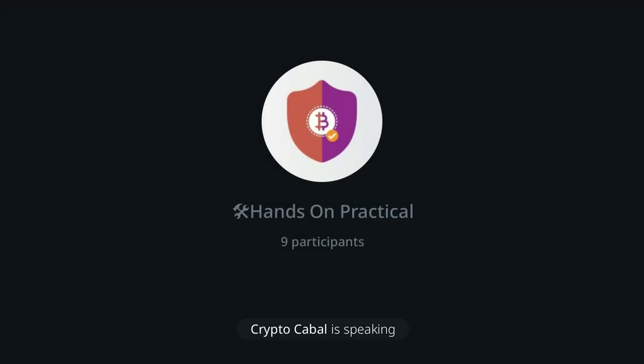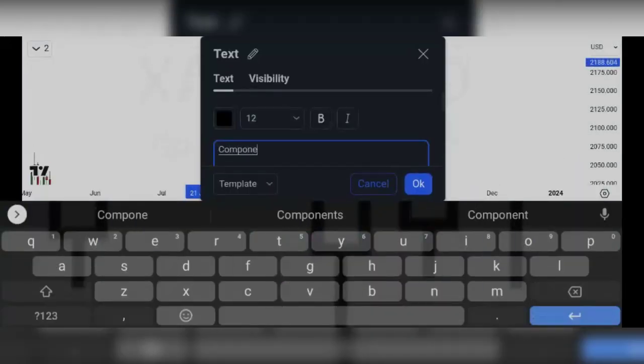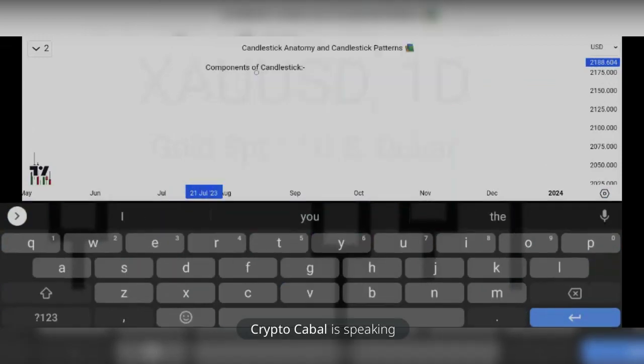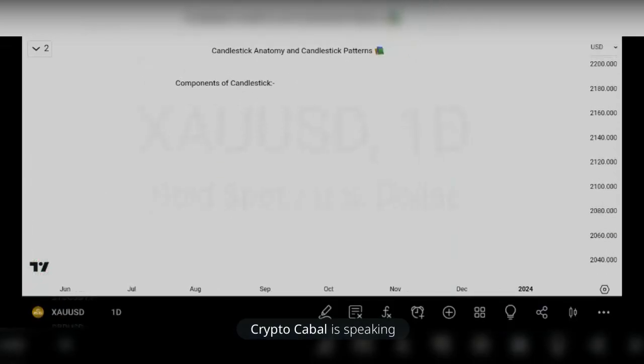Components of candlesticks. Now, when we are talking about the components of candlesticks, we are just talking about what the candlestick entails.